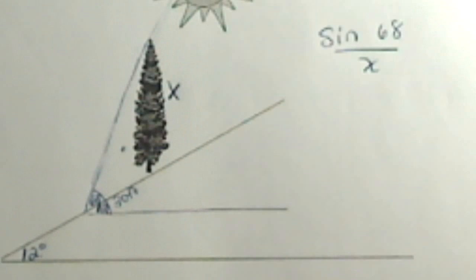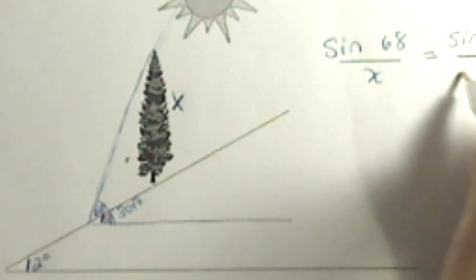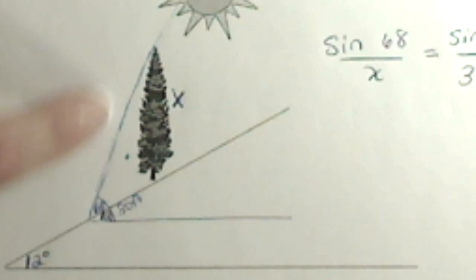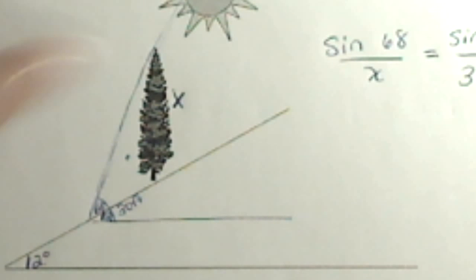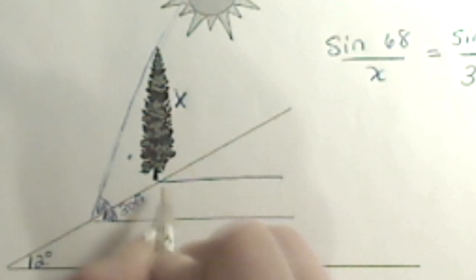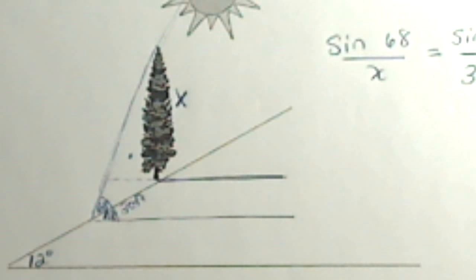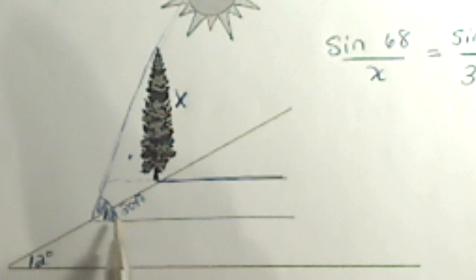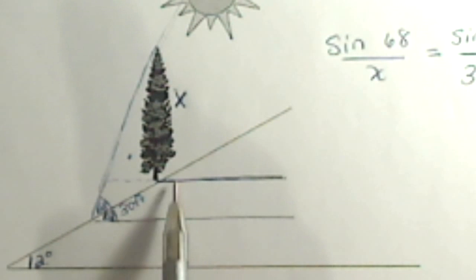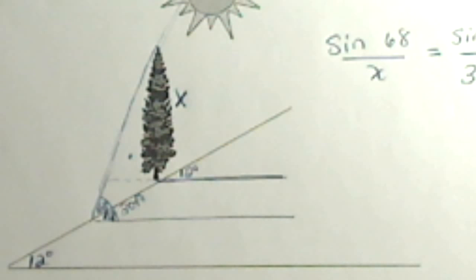Solving this is easy. It's setting it up. Then it's going to be sine of something else over 30, the opposite side, but I've got to work around to find out what this is. The whole trick to this problem is going to the base of the tree and drawing in another horizontal line. Okay, and using the fact that we have that 12-degree angle here, a 12-degree angle here, we're going to have another corresponding 12-degree angle right there.